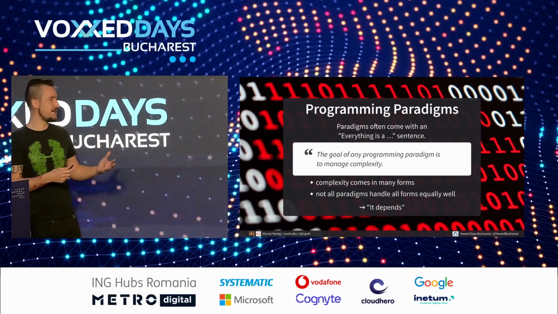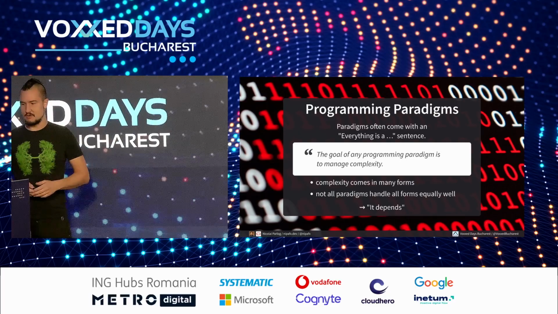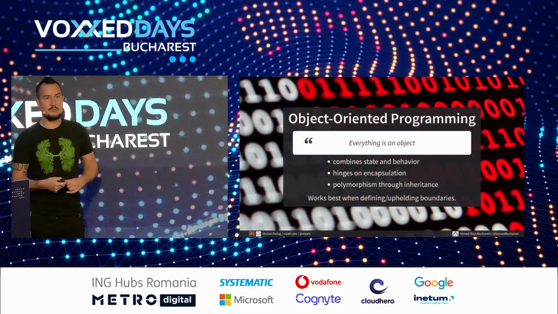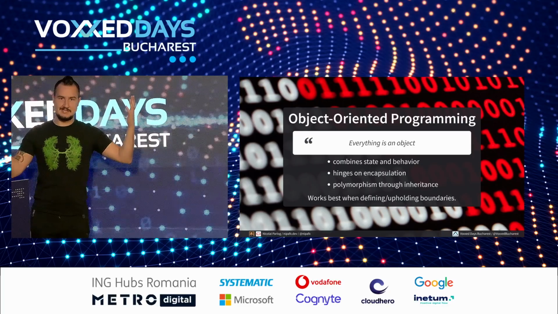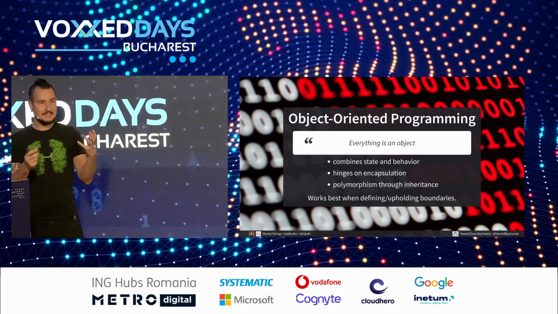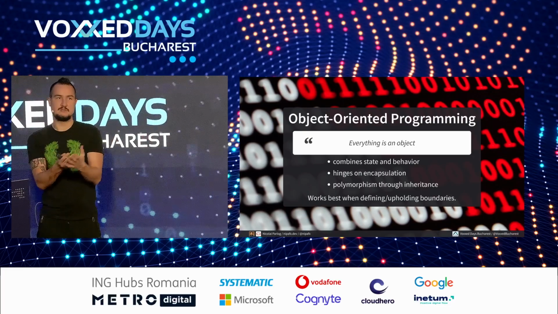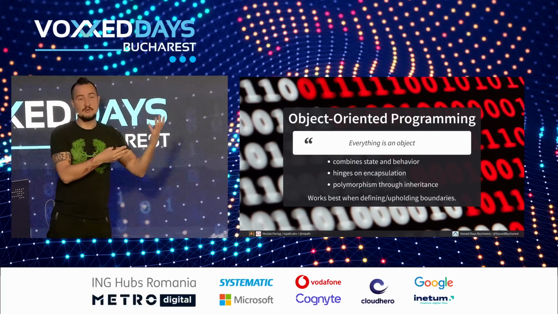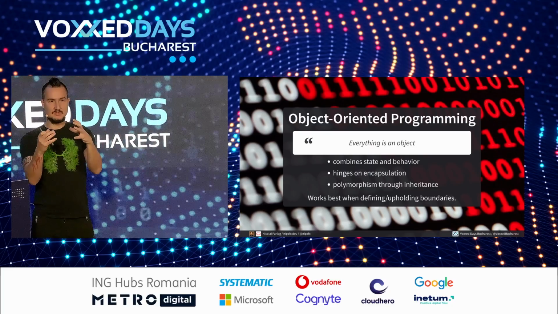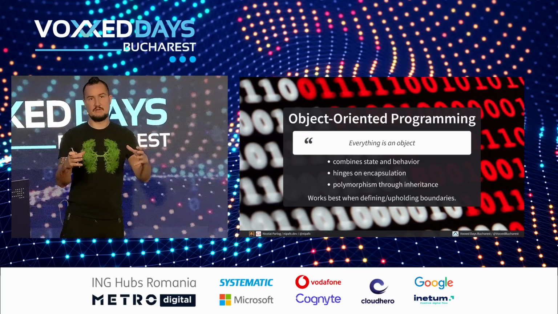So what does it depend on, whether functional programming or object-oriented programming or data-oriented programming works better? Object-oriented programming, of course, comes with an "everything is an object" sentence. That's the big message of object-oriented programming. It combines state and behavior in the classes that we write day in, day out, right? We have fields, we have methods on that. Often we have mutable fields, so the state evolves over time. It hinges on encapsulation on the class level, on the package level, on the module level, on the application level.